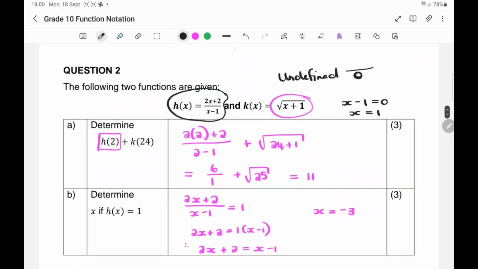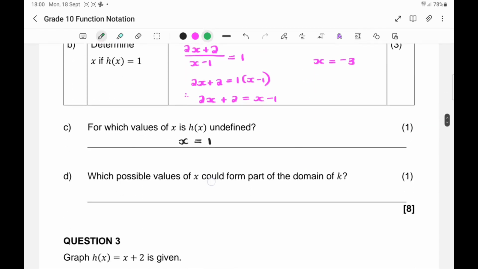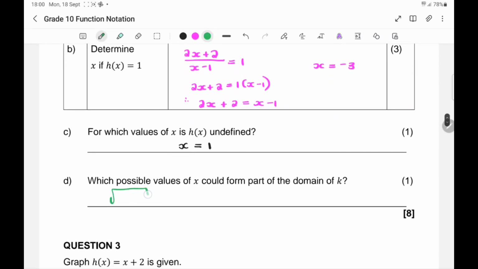So if you look at k over here, now what could form part of the x's value? What values must x be to make it a true value or to make it a possible value? So we know that we can't have a negative under a square root.